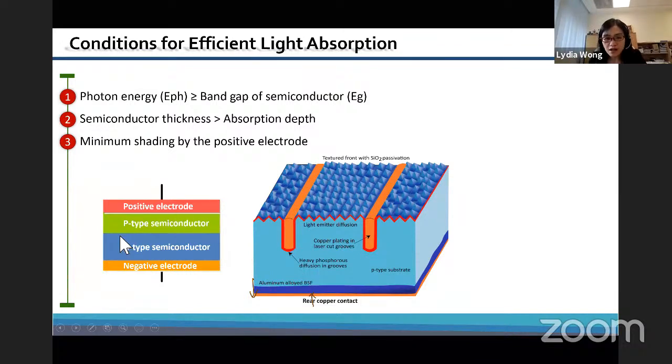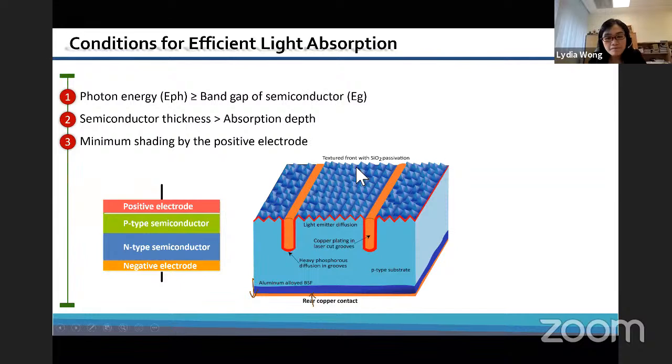So in order for the light to go to the semiconductors, you need to make sure that one side of these electrodes is made of fingers instead of a uniform thin film. So the less shading you have, the more light will be transmitted into silicon. Okay, minimum shading by the positive electrode.